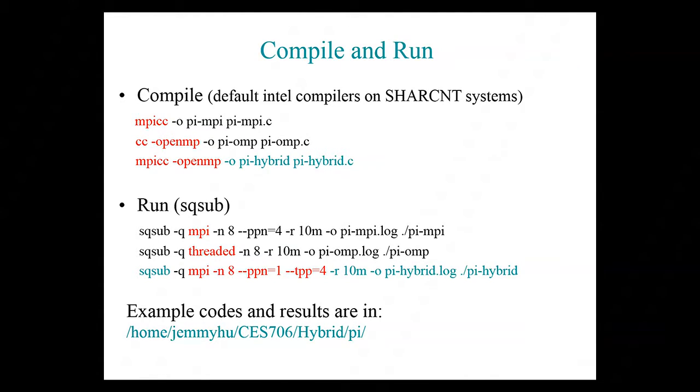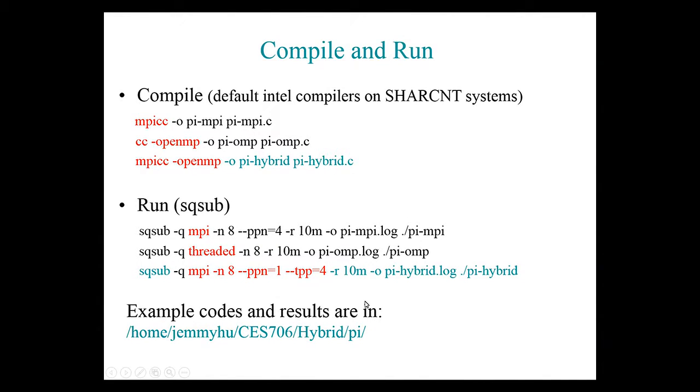In this case, on each node there will be one MPI process, and then the threads per process option means each process will open 4 threads. And then the other options are something like that.